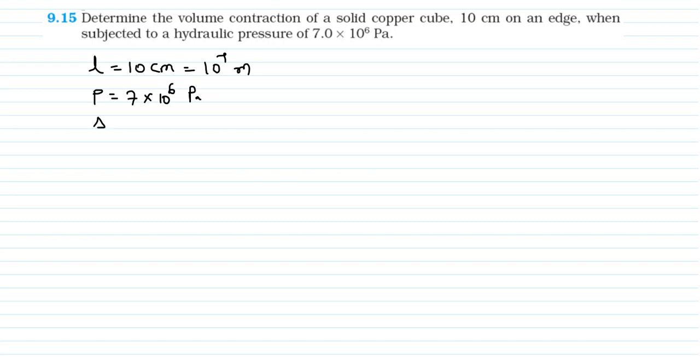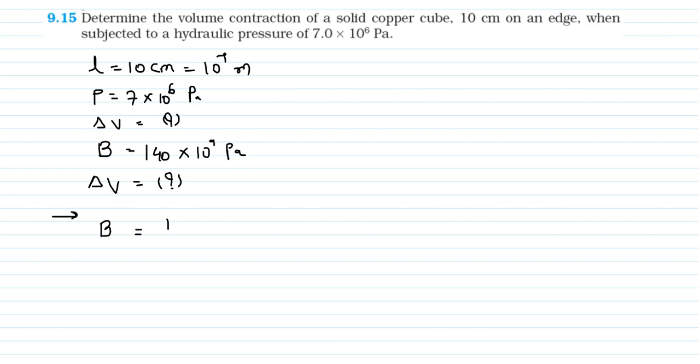Okay, अब हमें फाइंड करना है डेल्टा V. Bulk modulus of copper, once again आपको टेबल में से देखना पड़ेगा, that is 140 into 10 raised to 9 Pascal. Volume contraction, that is delta V, आपको फाइंड करना है.